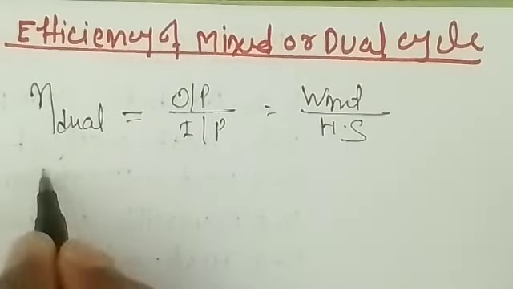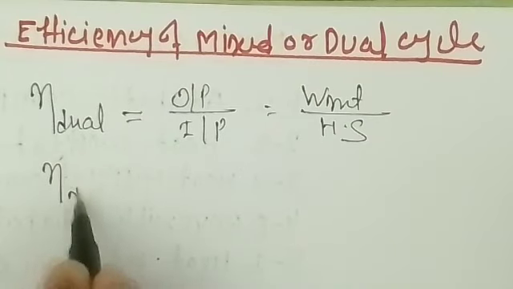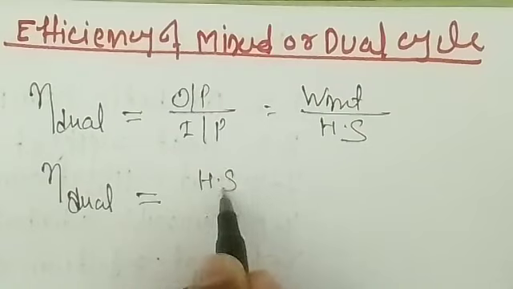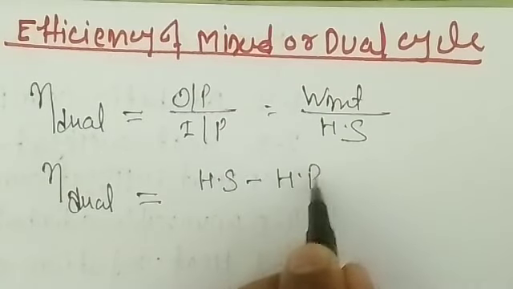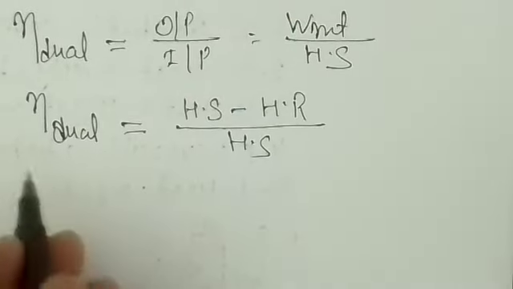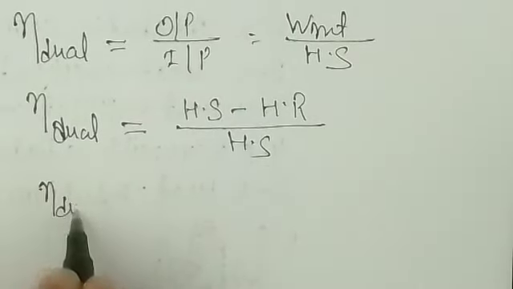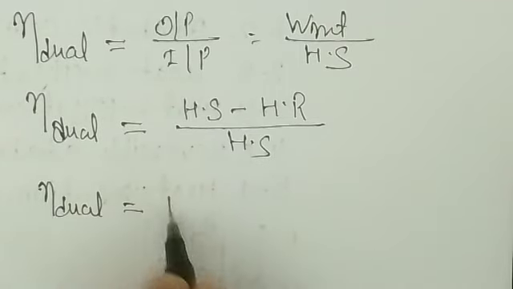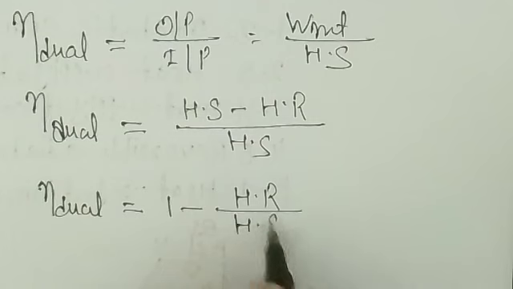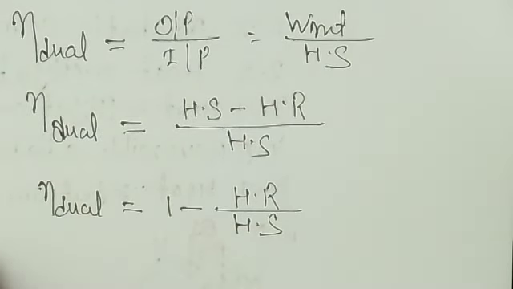And W net is heat supplied minus heat rejection. So efficiency of dual is equal to heat supplied minus heat rejection by heat supplied. The heat supplied cancels, so dual efficiency is equal to 1 minus heat rejection by heat supplied.